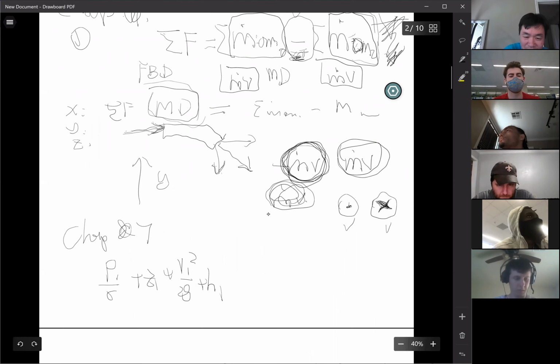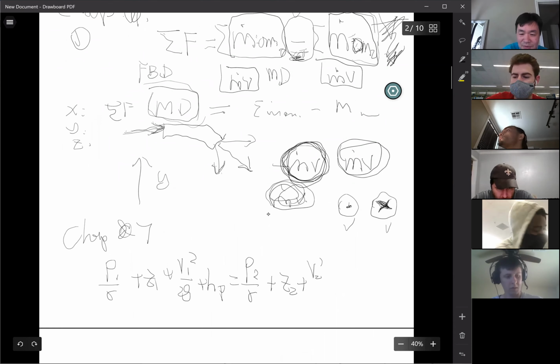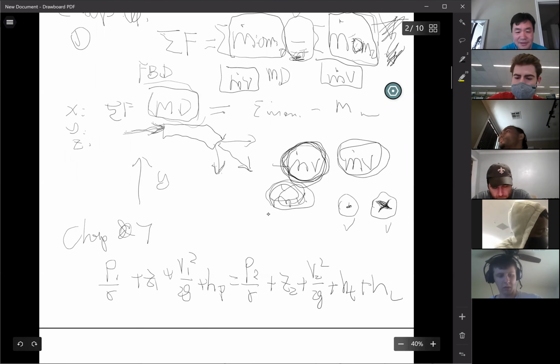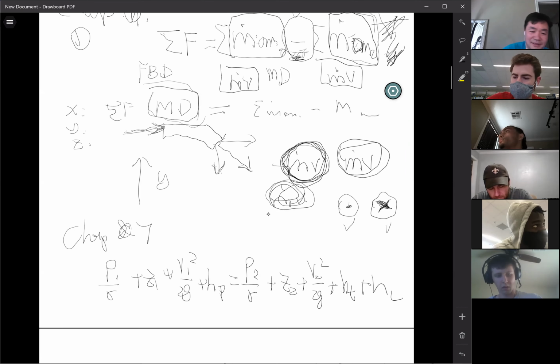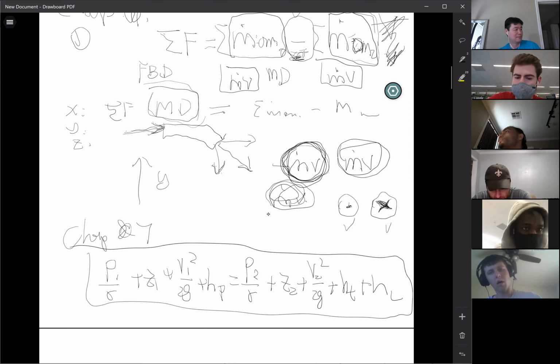You have the pump head. This is the system equation between 2 points in the system. Within these 2 points, if there's a pump, a turbine, or a loss, everything will be considered. This is the universal equation eventually. Industry people call it the Bernoulli equation, but it's actually a system energy equation.